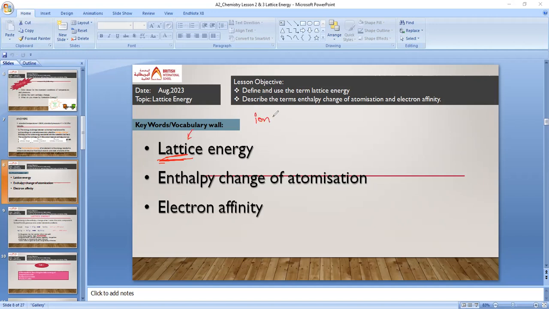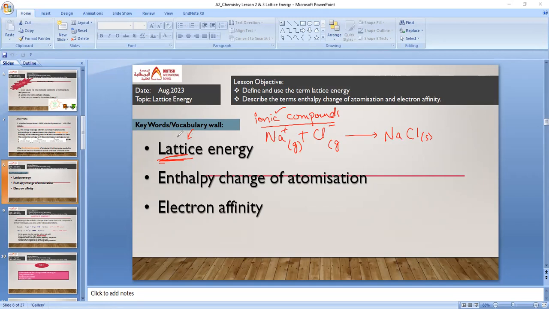Ionic compounds. In the definition, you should write that it is the energy released when 1 mole of an ionic compound is formed from its gaseous elements. Let's say we talk about sodium chloride. When 1 mole of sodium chloride is formed from its elements, sodium and chlorine, as gaseous atoms. Whenever they say the word lattice, we add ionic compound.